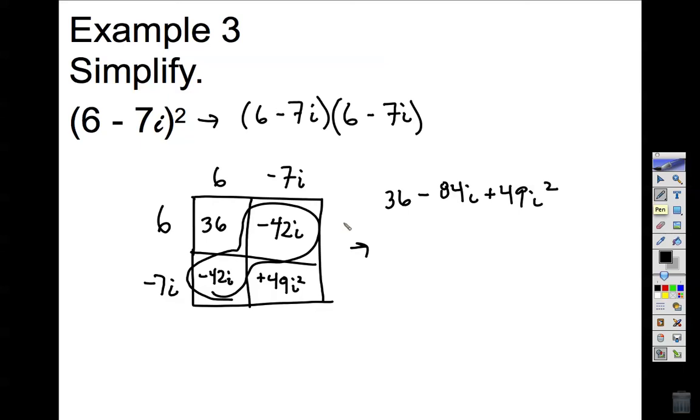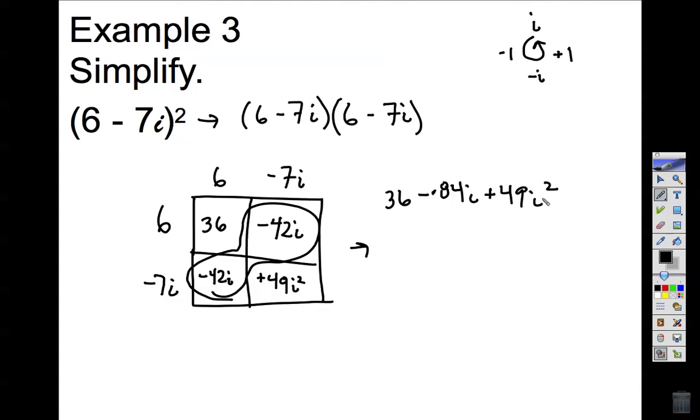Now we use the imaginary number property. Earlier we saw that we had i, -1, -i, and +1. Going this way, when we multiply by i, i squared is -1.